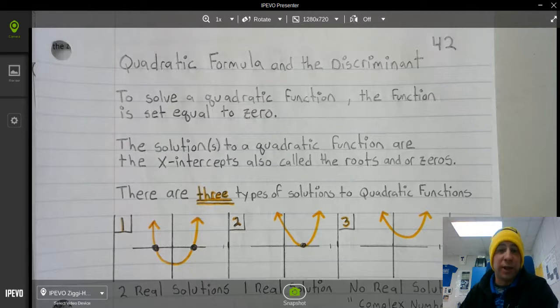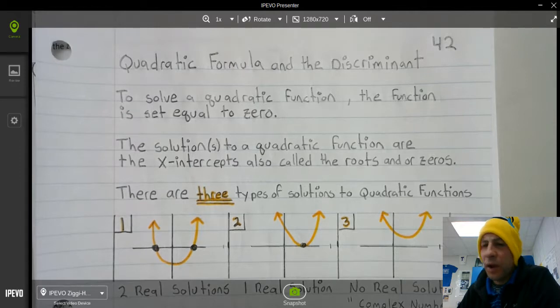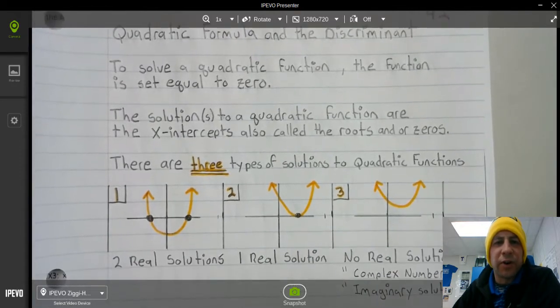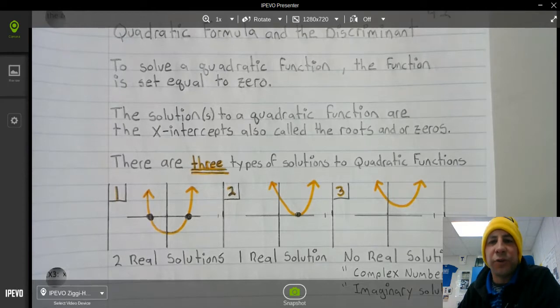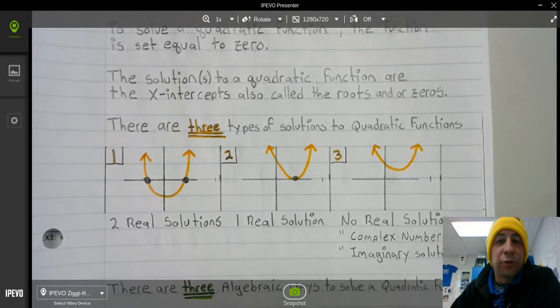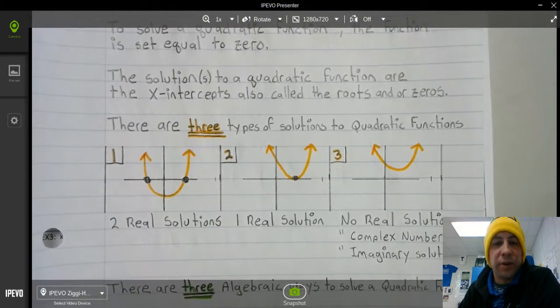All right, so we're going to continue to utilize our Chromebook here. And so back to where we were. To solve a quadratic function, the function is set equal to 0. The solutions to a quadratic function are the x-intercepts, also called the roots and zeros. There are 3 types of solutions to a quadratic function.